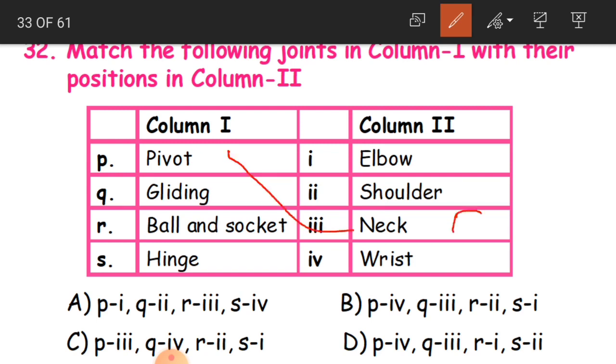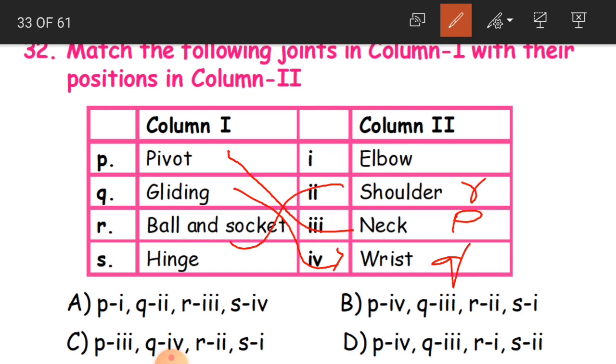This is P, the third one. Gliding is in the wrist, that is Q. It moves like a slide. R, that is ball and socket. Ball and socket, as we learned, is in the shoulder, R.